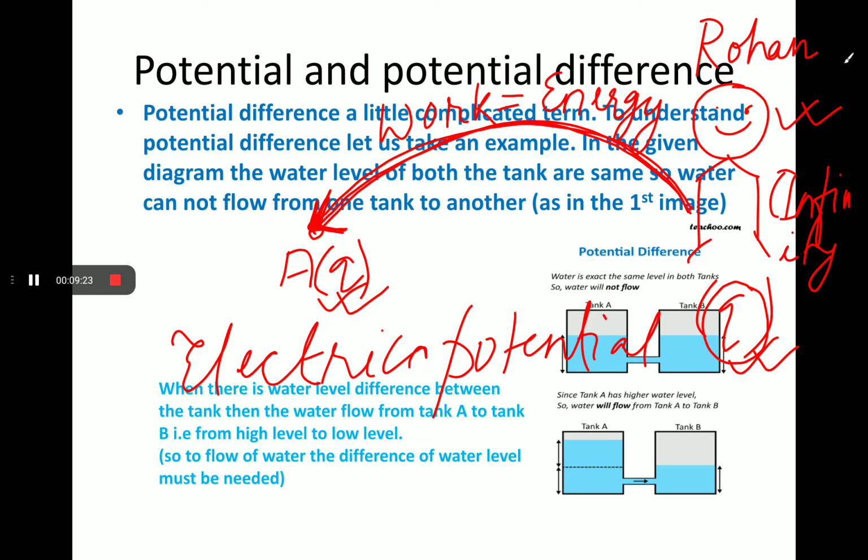The electric potential of the particular point A, that is, the potential at point A, is denoted by the letter VA.